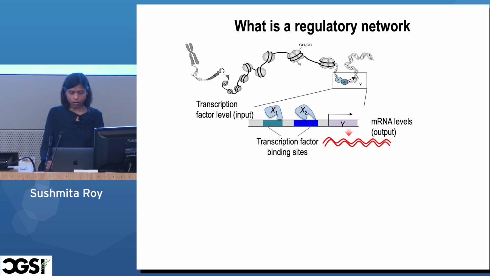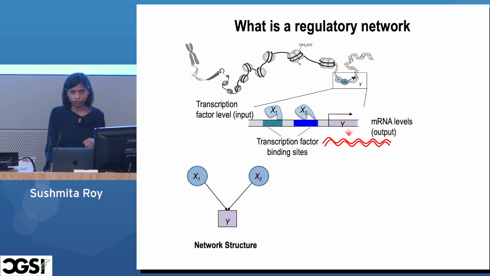So just so we are all on the same page, what is a gene regulatory network? This is a network that specifies connections between regulatory proteins such as transcription factors and chromatin remodelers that control the context-specific gene expression level of a gene. There are two components to gene regulatory networks.